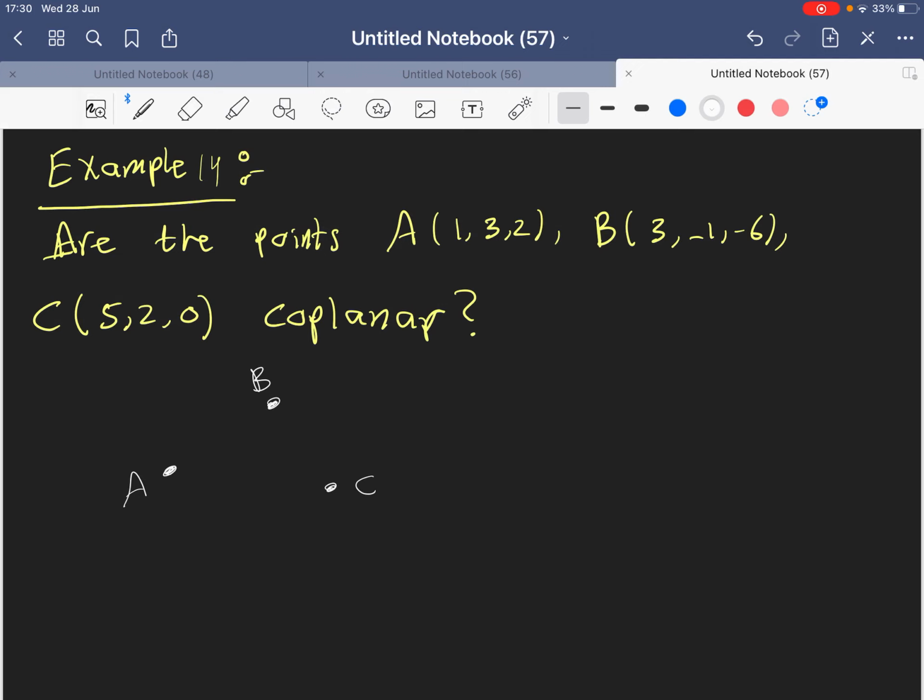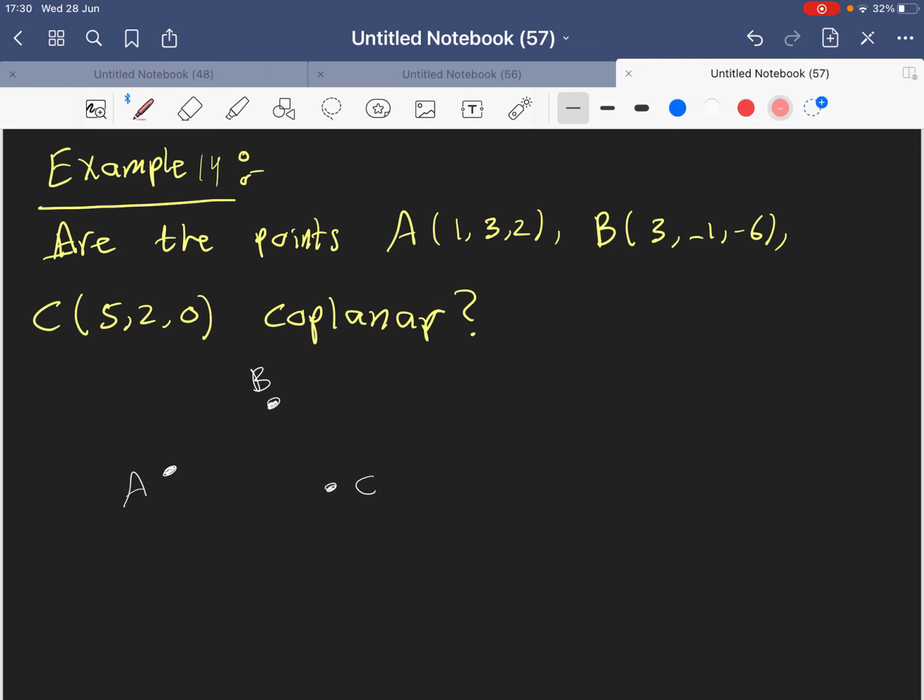Is there any plane that will contain those 3 points, or are they not aligned with each other? Now, the idea is we need to use the volume of the parallelepiped that appears here. But I don't have 3 vectors. So the first thing I need to do is find 3 vectors.